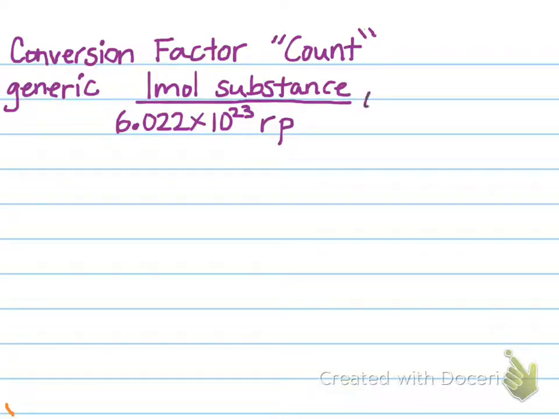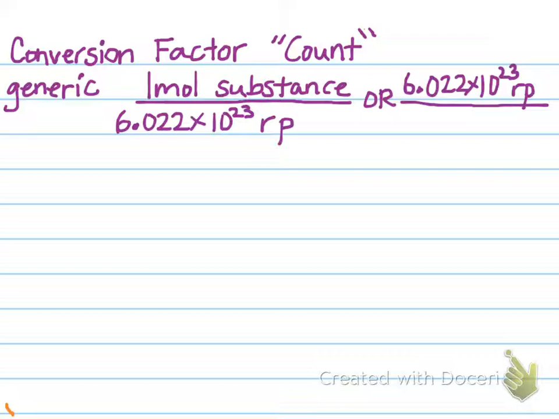Remember, conversion factors look like ratios or fractions. Now again, the power of a conversion factor is that I can flip it depending upon where I need my units to be, because we're going to start to solve problems where we treat moles of substance and representative particles like algebraic letters that we want to cross out.